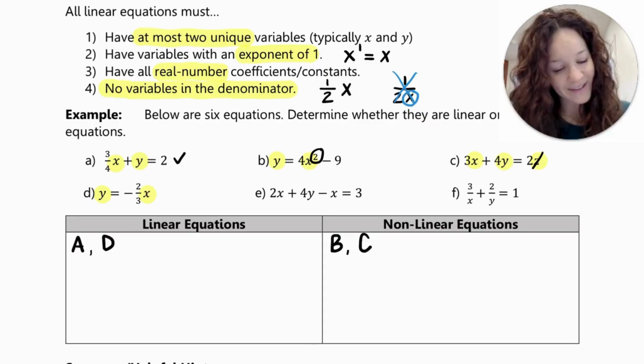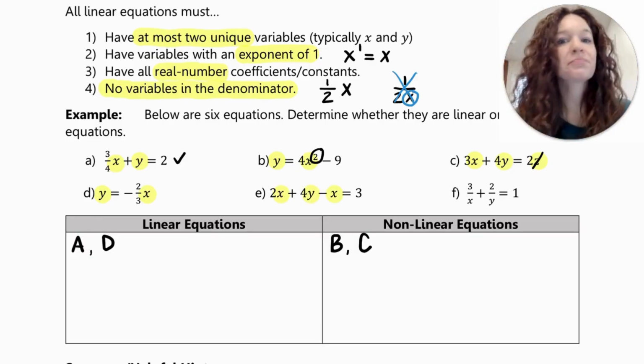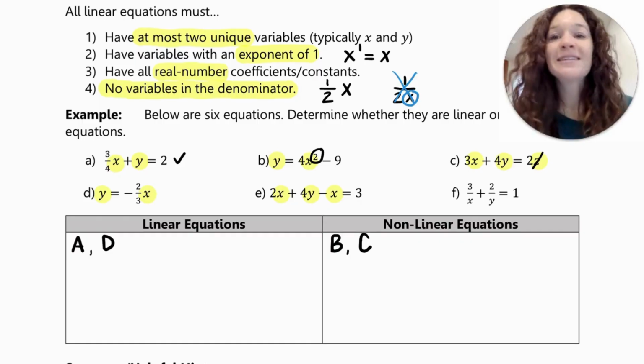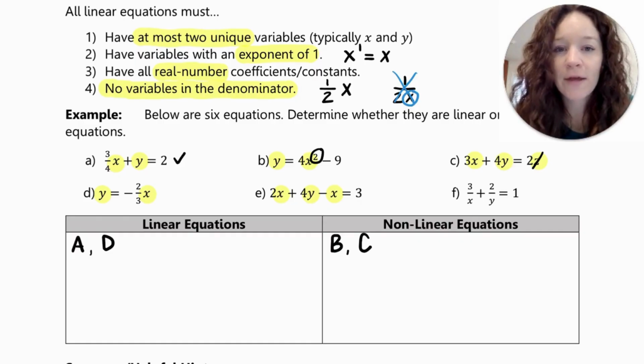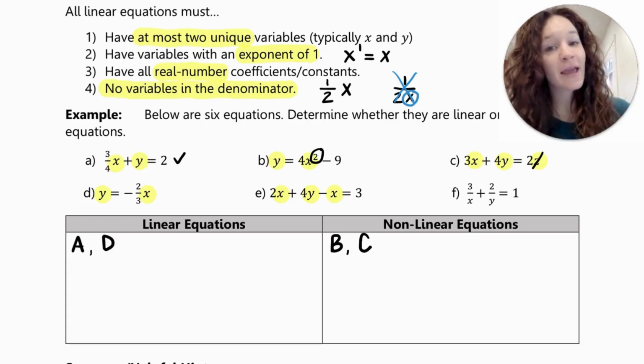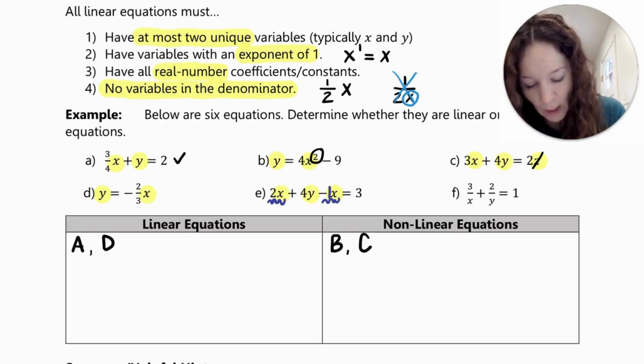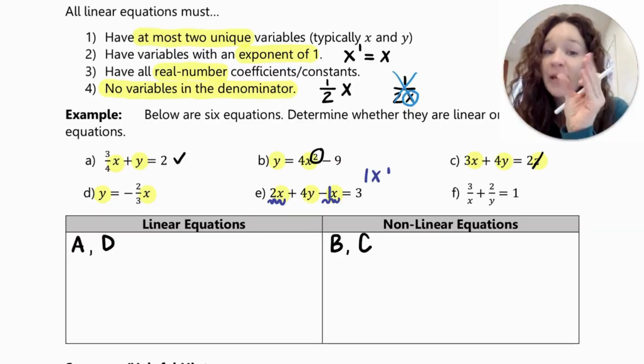Letter E, try to trick you here. 2x plus 4y minus x equals 3. So we want you to say, oh, there's more than 2 variables. This would be nonlinear. But that's not the case. Notice you have like terms here. Whoa. You have a 2x minus 1x. Those are like terms. We can push them together.